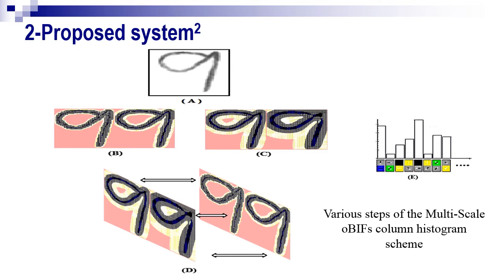Second, the two multi-scale OBIF images are crossed to form columns at each location. Finally, the occurrences of different patterns are collected into a histogram to provide the feature vector.